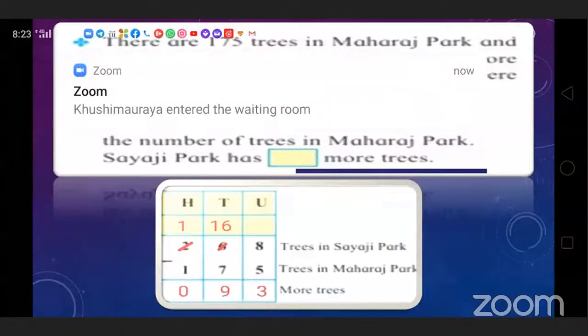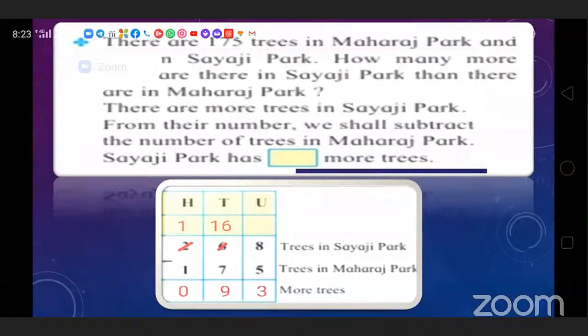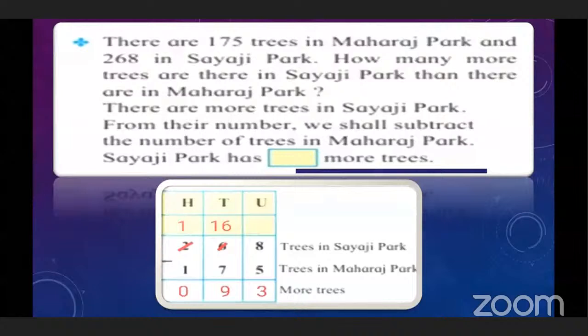While reading, you should be very attentive. How many more trees are there in Sayaji Park than there are in Maharaj Park? Here you have to be careful while reading, which information is given and what you are going to find out.